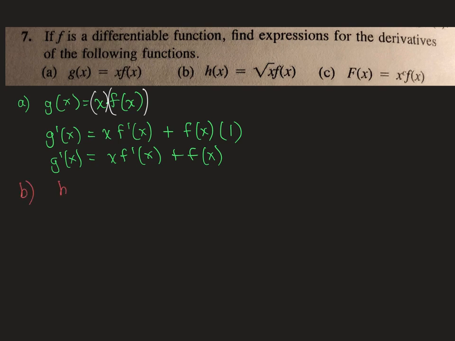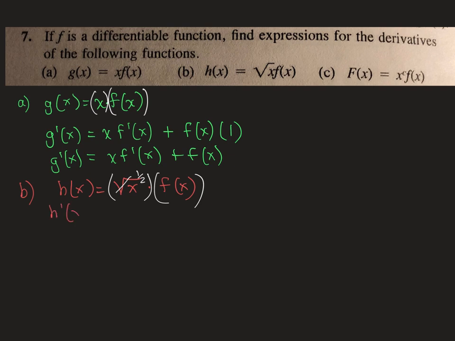So we have h of x equals the square root of x times f of x. So again, we have product rule. We might want to think of that root x, though, as x to the 1/2. So I'm just going to get rid of that little root sign. Okay, now let's do a derivative again.